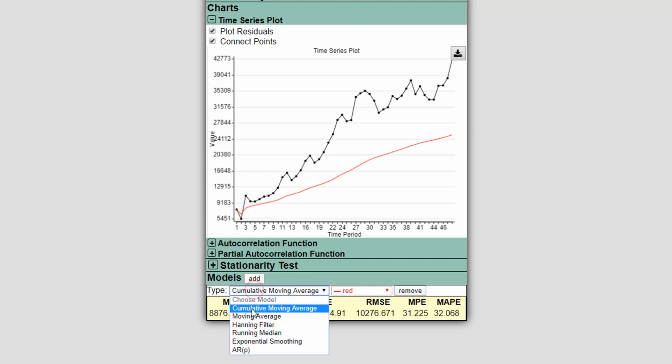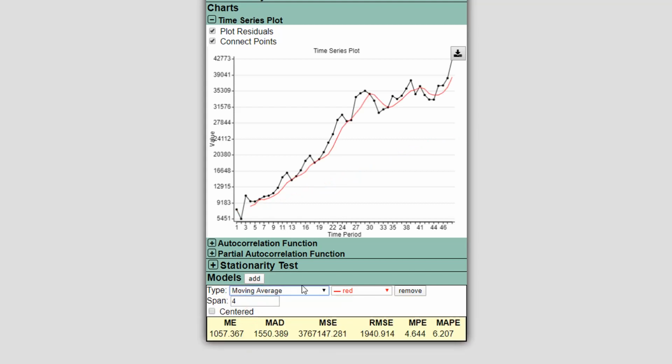So maybe a moving average, which is like, say, the last 4 values averaged together. That's a span of 4. You can change the span to 4, 5, 6, 7. The more you increase that, the smoother it's going to get, but also it doesn't start averaging right away. A span of 13 doesn't start averaging until you get to the 13th time period.